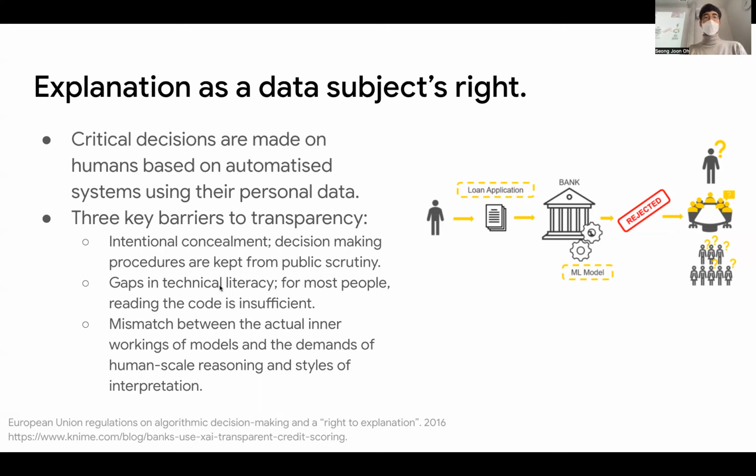Yeah, and then these papers have identified 3 key barriers to transparency in general. So one is the most serious case when the company, or let's say the bank here, is intentionally concealing the decision procedure for their loan rejection, right?